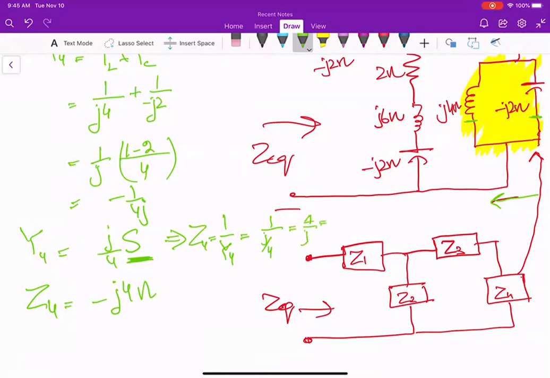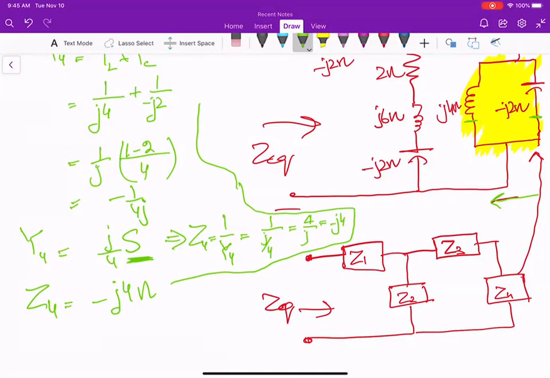When j goes up, it will become minus j4. So that's how you will find Z4. Why are we finding Z4? Because we want to add it with Z3, which is in series.